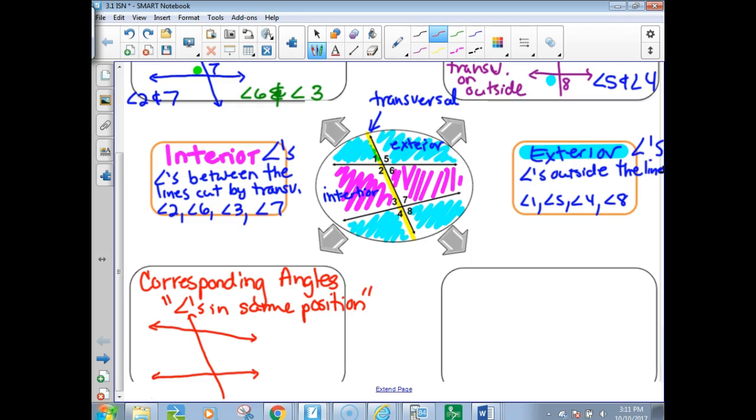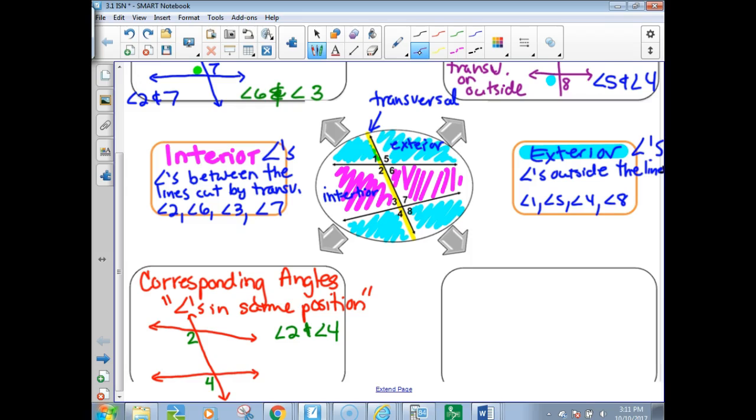There are a bunch of them. So for my first example, what's in the same position as angle 2? 4. Yep. Angle 2 and angle 4 are in the same position.